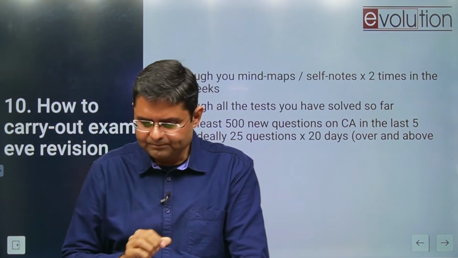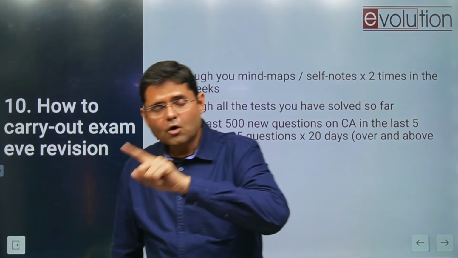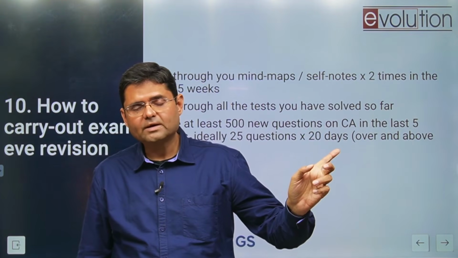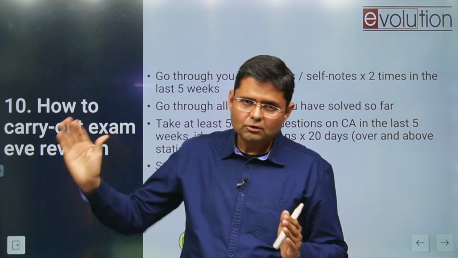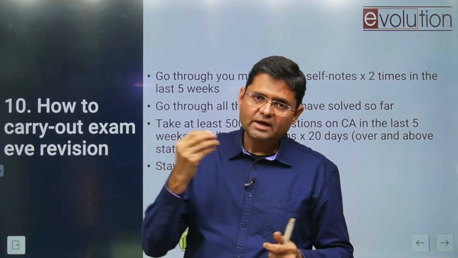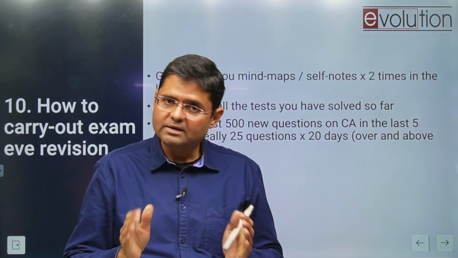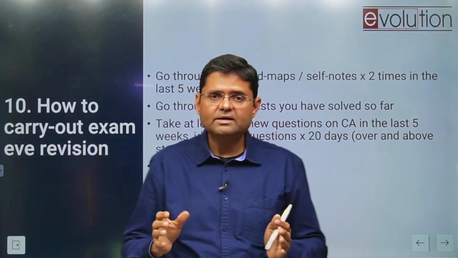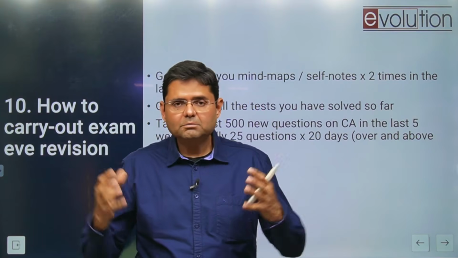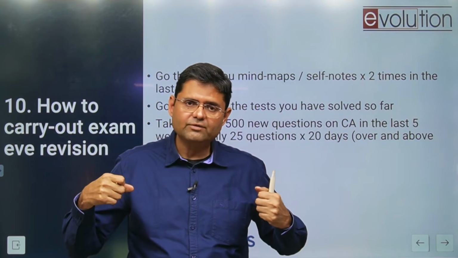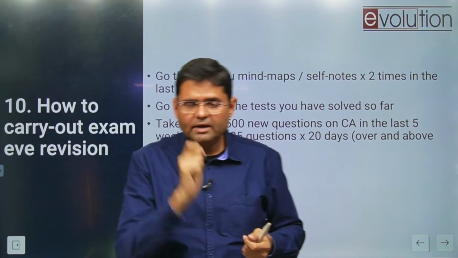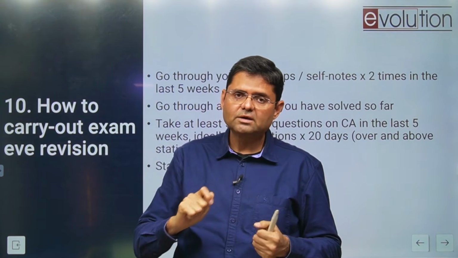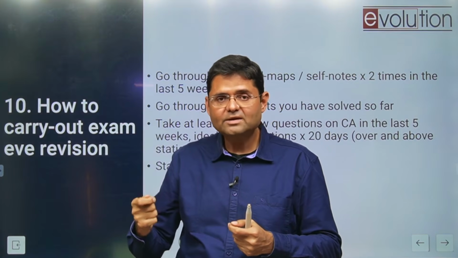this will help you. Go through all the tests that you have solved so far. All the tests on current affairs that you have solved, go through all of those tests. Even the questions that you marked correctly, do not take them for granted that now you have retained it forever. No. You run through those tests also. Even if you got it correct, revise those tests, you will be surprised how many things you were forgetting.